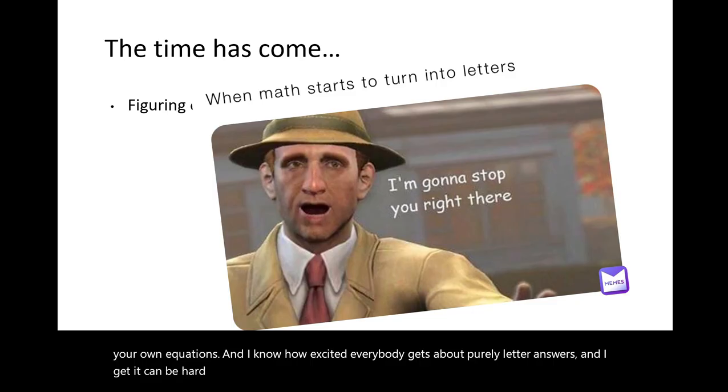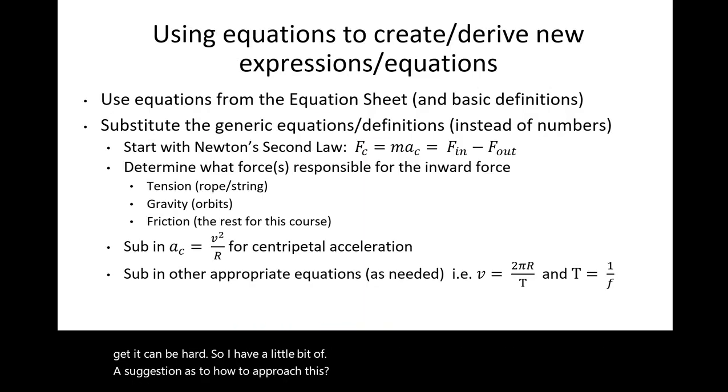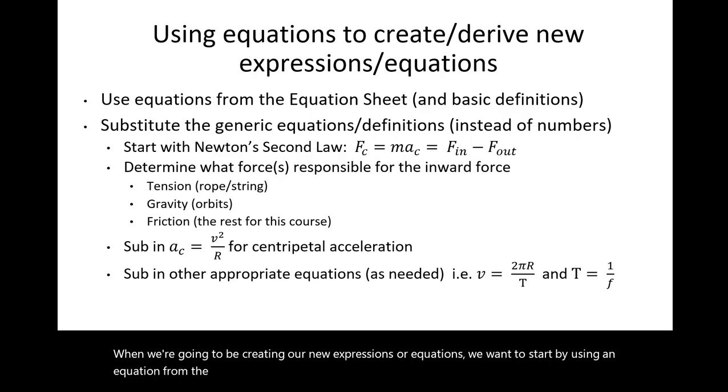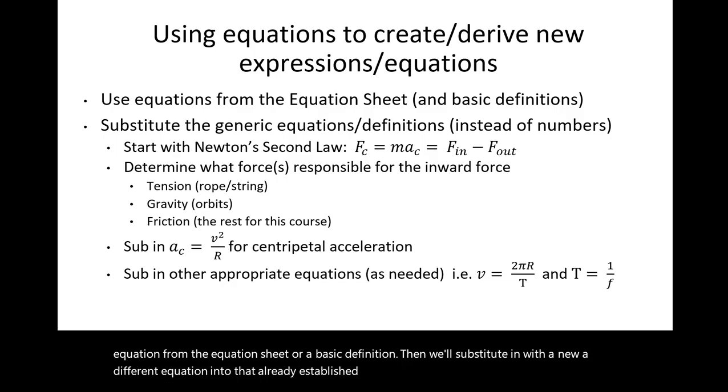So I have a little bit of a suggestion as to how to approach this. When we're going to be creating our new expressions or equations, we want to start by using an equation from the equation sheet or a basic definition. Then we'll substitute in with a different equation into that already established equation instead of subbing in a number.